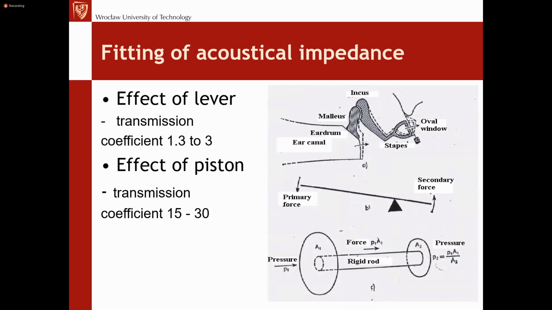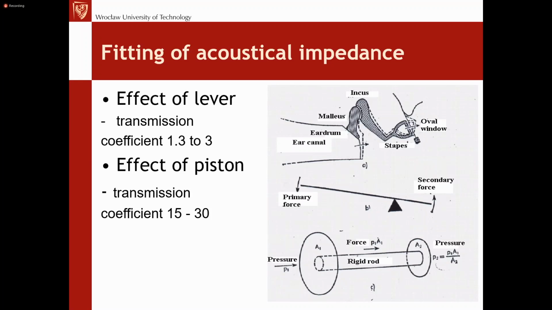And the fitting of acoustical impedance is based mostly on two effects: the effect of lever and the effect of piston. The effect of piston is connected to the difference in areas of the tympanic membrane and the base of the stapes.